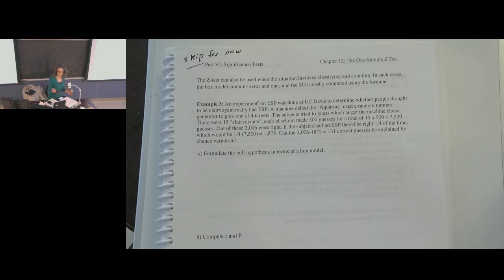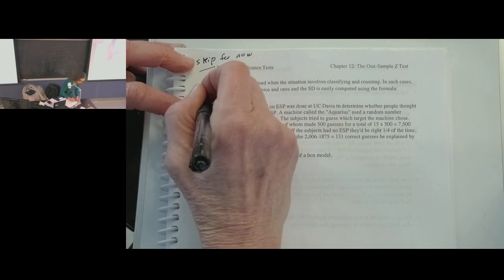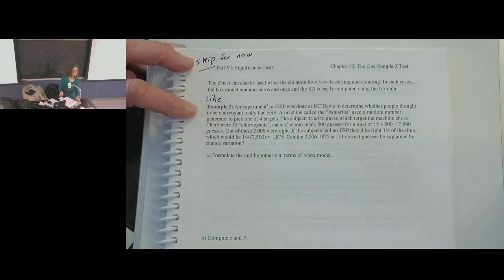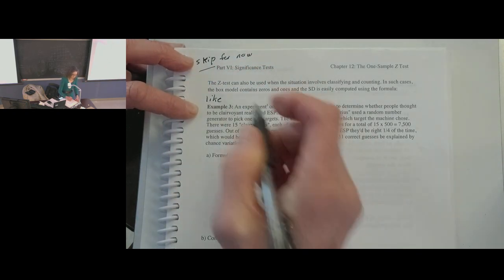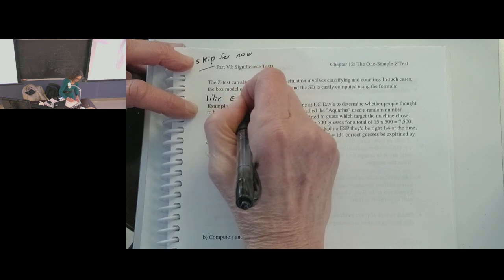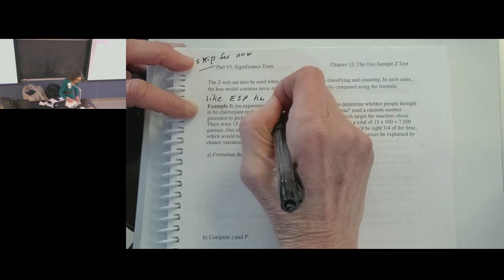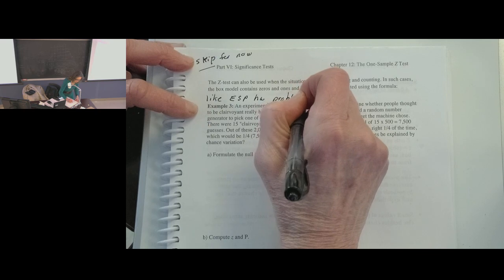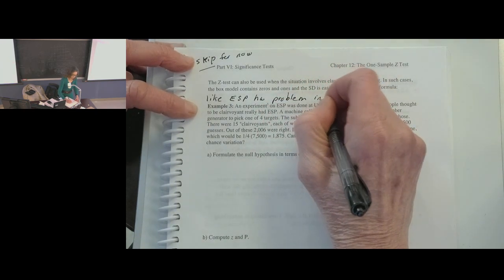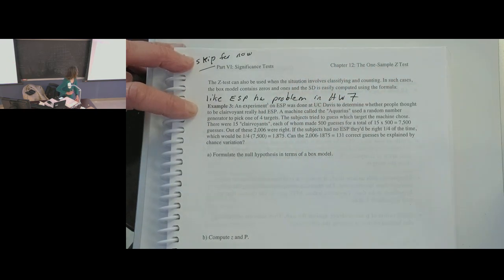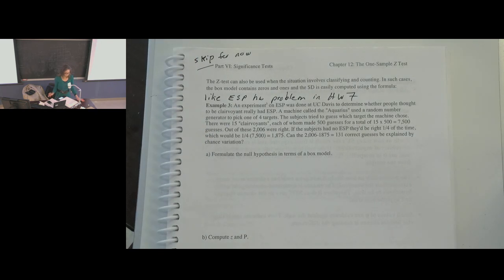Okay, and this is one that's similar. I should say this is like the ESP example. This is an ESP example, and it's like the ESP homework problem in the homework that's due tonight. That's homework 7. So it's very similar.